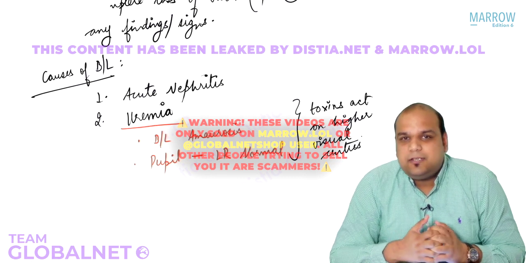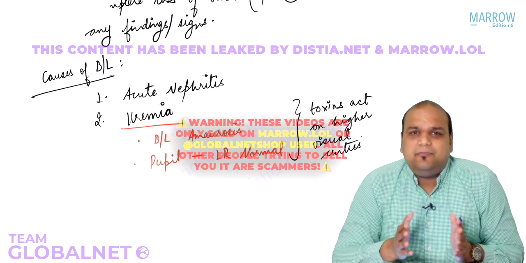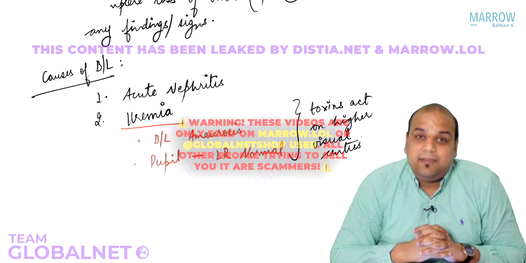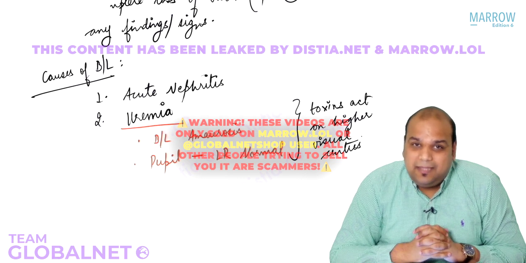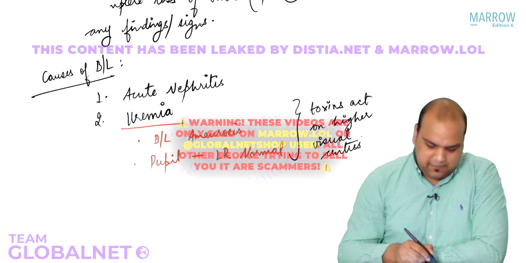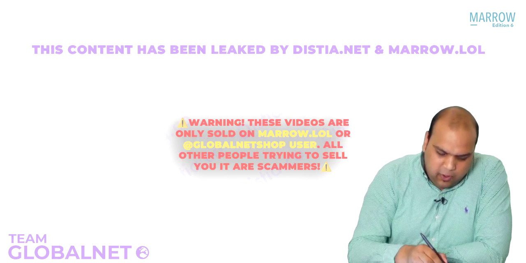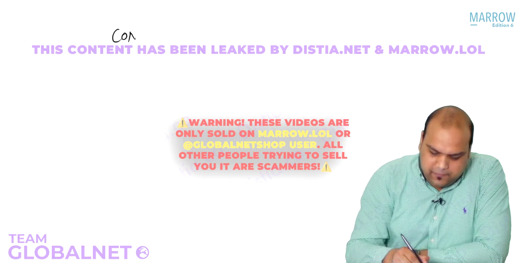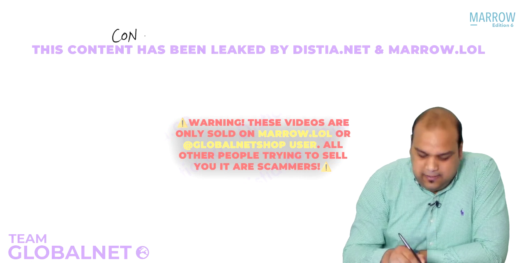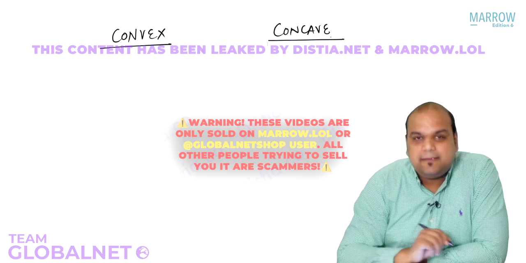We don't want to do a surgery. We don't want to treat the patient. We want to do simple stuff. We just want to use our convex and concave lenses. That brings me to the last small point to finish the optics chapter: how to differentiate between a convex lens and a concave lens.